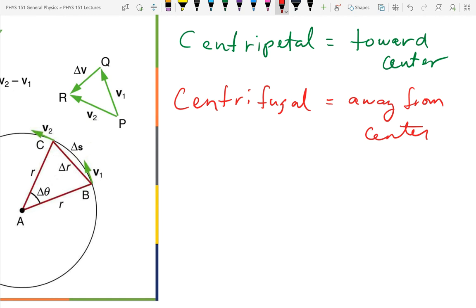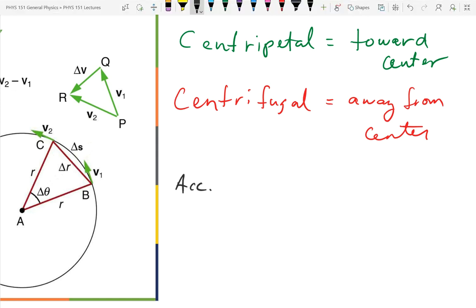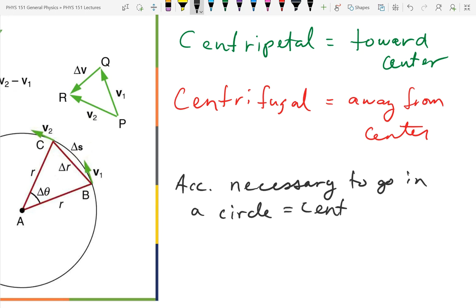But centripetal is toward the center. And for something to go in a circle, it has to have an acceleration toward the center. And so we call the acceleration toward the center necessary to go in a circle centripetal acceleration.